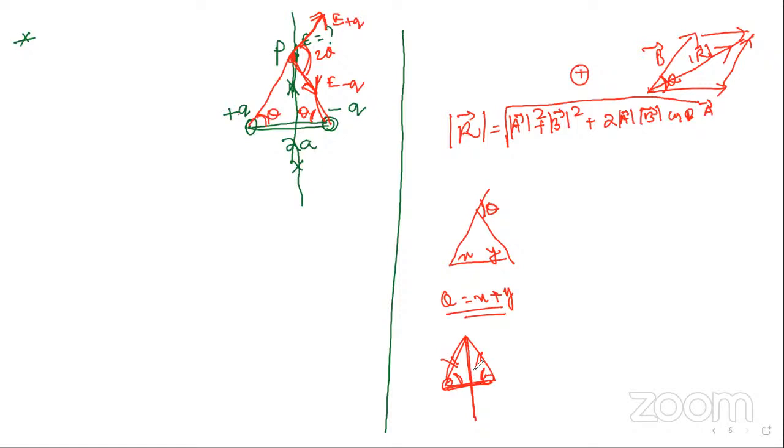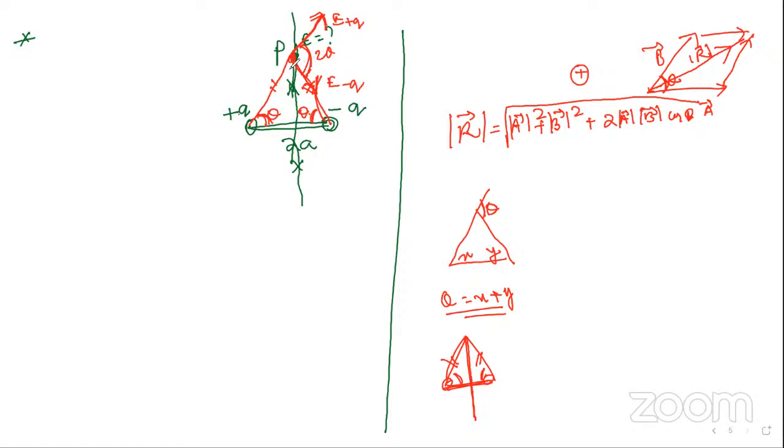This theorem also we know. So it is theta plus theta, 2 theta. So now the angle between the two vectors is 2 theta.